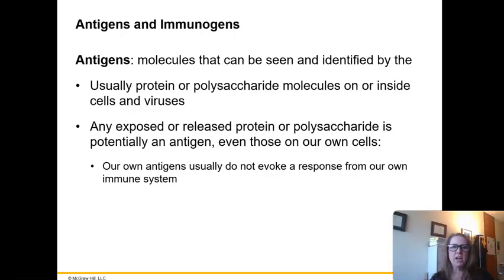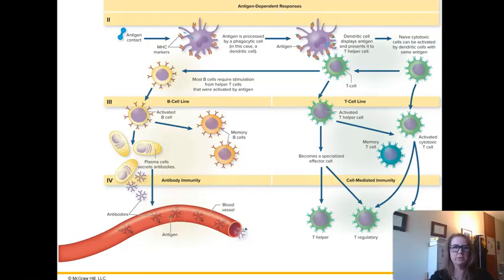Usually our own antigens aren't going to elicit a response. This way your body can differentiate between what is self and what is not. Any exposed or released protein or polysaccharide is potentially an antigen, even those on our own cells, but usually we do not respond to that at all.